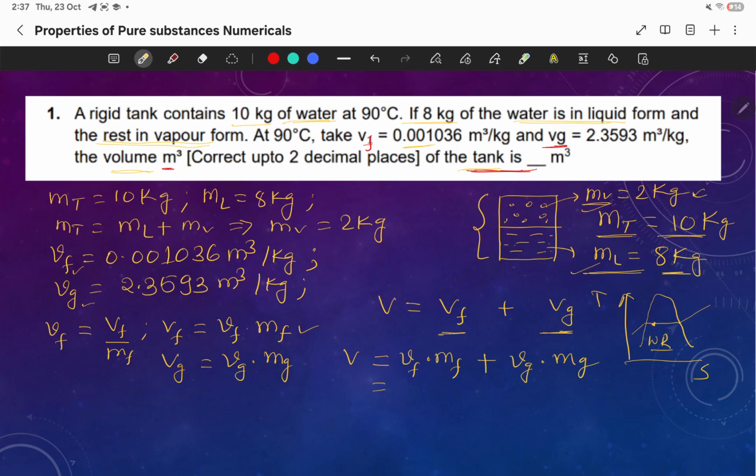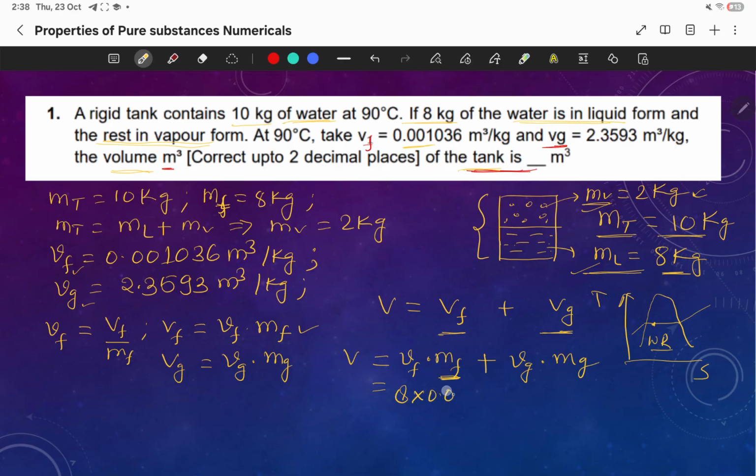So mf is for liquid, so this will be 8 into Vf.